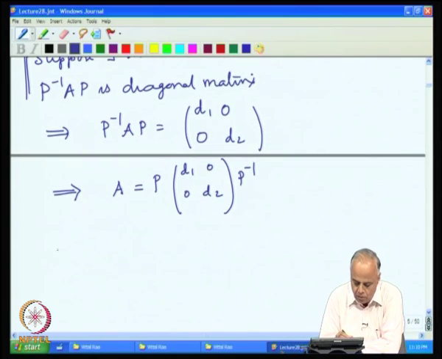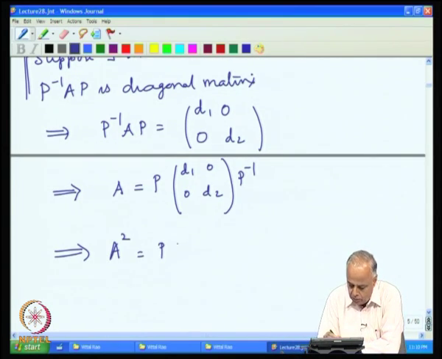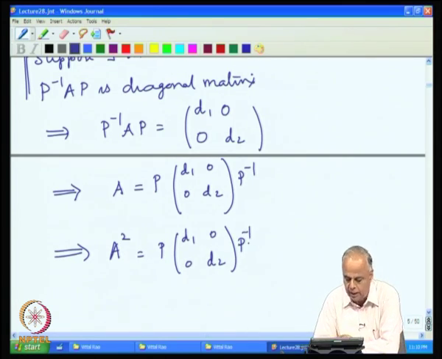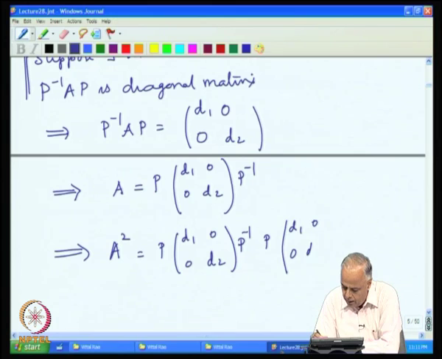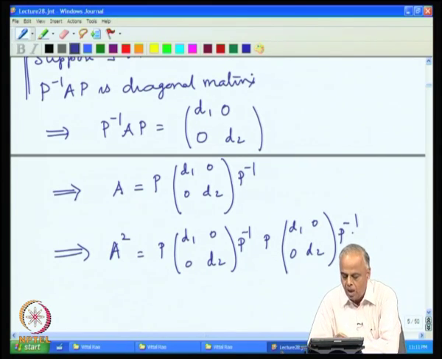If this is so, we get A squared is equal to P into diag(D1, D2) into P inverse, that is, A has to be multiplied by A again. A into A is A squared, which is this. But now, P inverse P is identity.